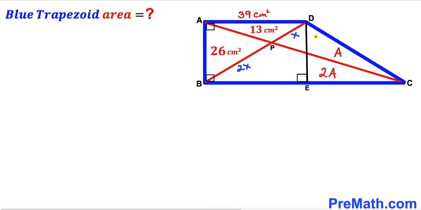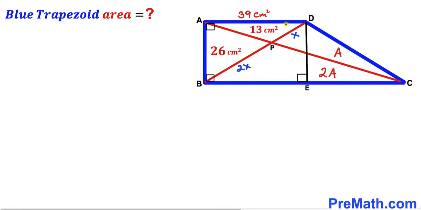In this next step, I have dropped this perpendicular DE on this base BC. As a result, we end up with this rectangle ABED. Furthermore, this BD is the diagonal of this rectangle.